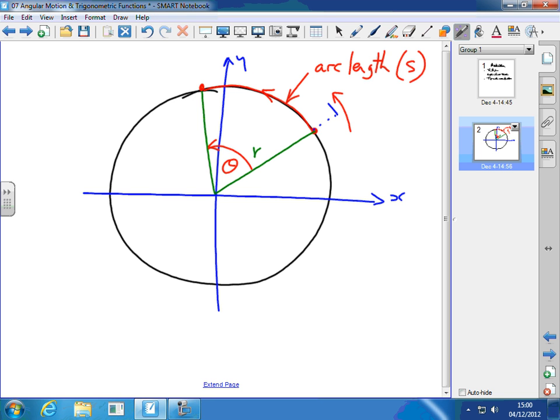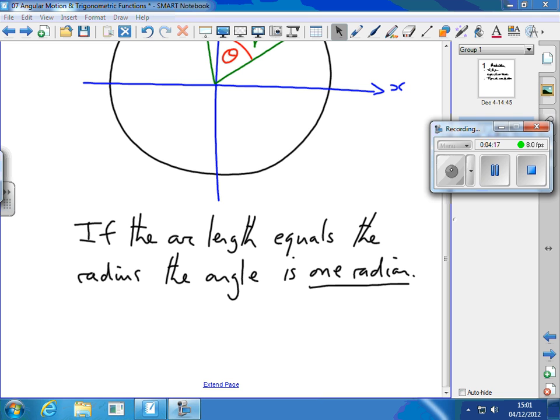So if it was out here and we went round to there, actually the angle that we've gone through would be exactly the same. So if we go around the distance which is the equivalent to the radius of the circle, we always go through the same angle. So to repeat, if the arc length equals the radius, the angle is 1 radian.